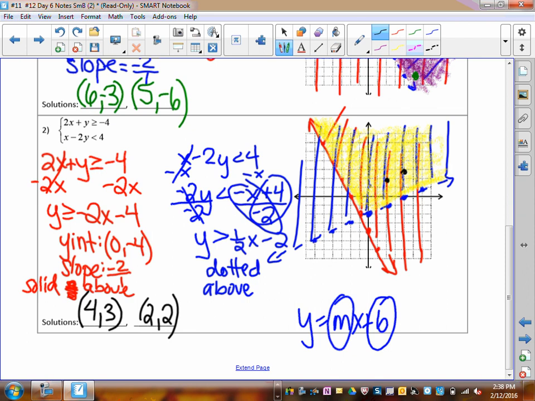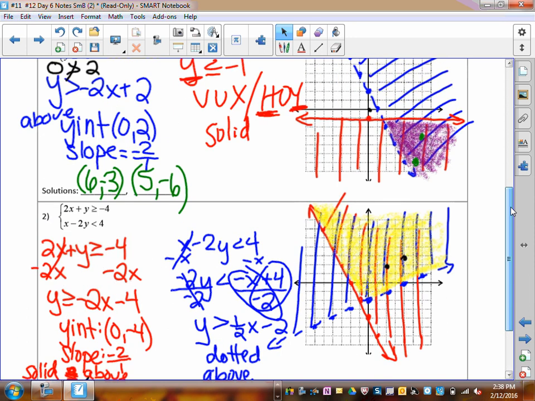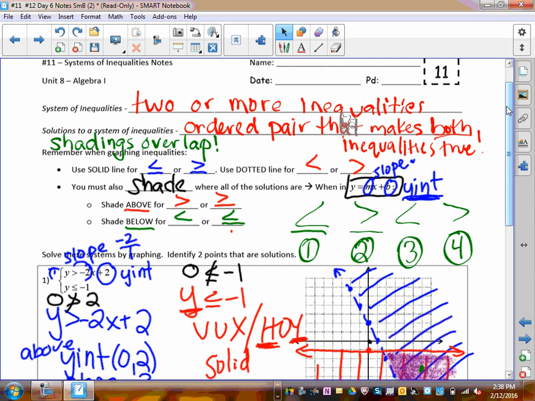All right, questions on that? Okay, so I'm going to have us practice knowing whether we shade above or below. Above means greater than. If you think about someone that is above you, someone that's greater than you, the president is greater than us in authority, so he's above us.